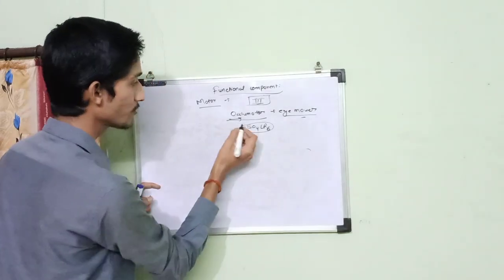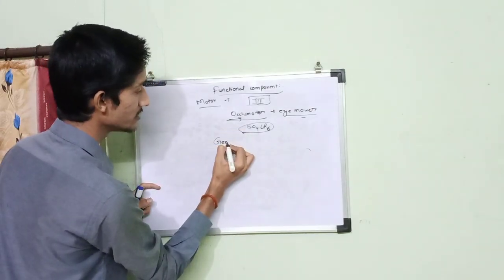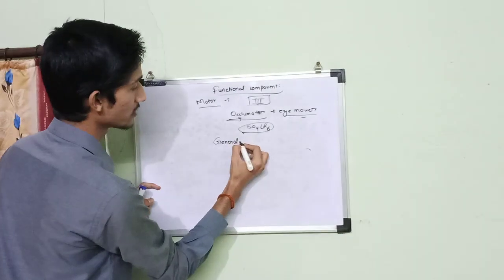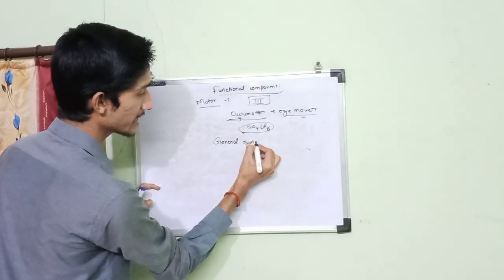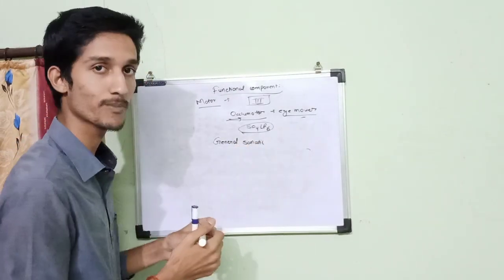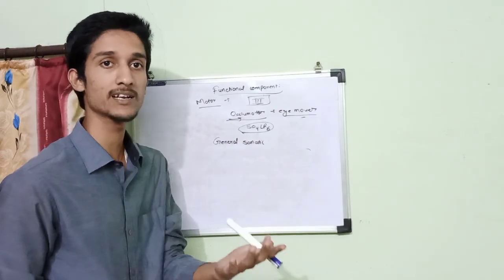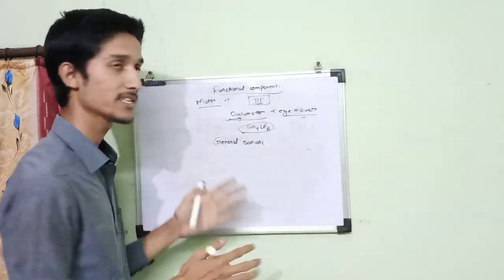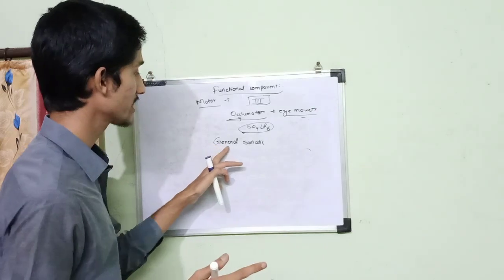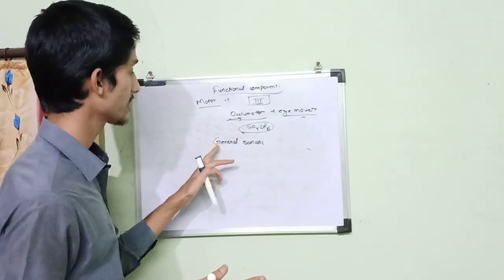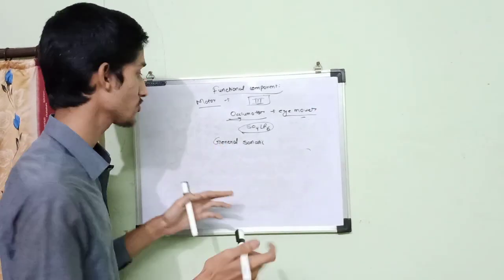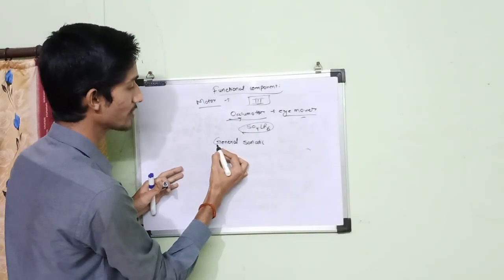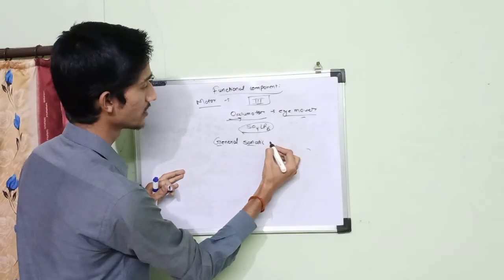It means they are going to carry the fibers of general somatic. Since the muscles of the eye are developed from somites, they are not going to develop from the mesoderm of pharyngeal arches. So there is nothing special about them. They are going to carry the fibers of muscles derived from the somites. So they have the functional component general somatic.